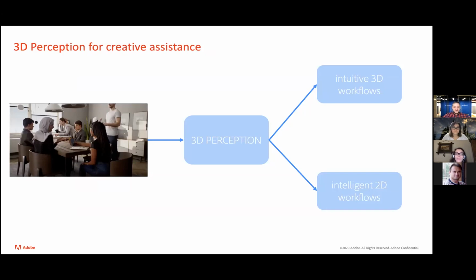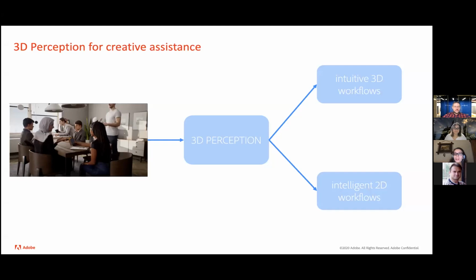Let's say you want to create a 3D object or edit it or customize it. You want to build interfaces that are easy and don't require you to deal with low-level 3D information. And second of all, with 3D information, we can actually improve our 2D workflows as well. For example, we can add some 3D aware capabilities that would be otherwise very difficult to achieve.